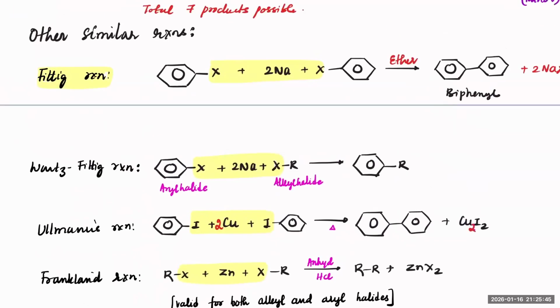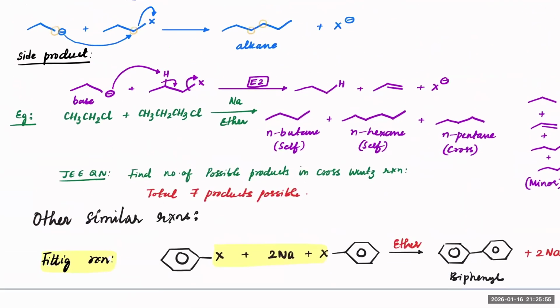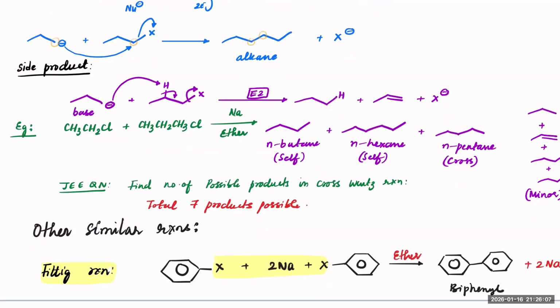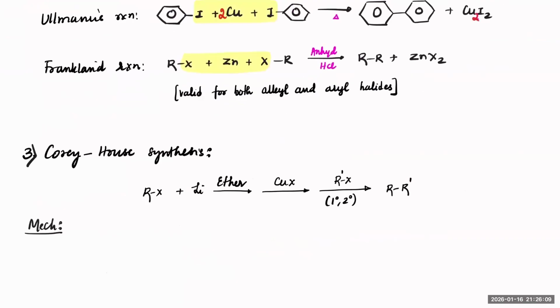Now, have you noticed some concerns regarding these reactions, Wurtz's reaction or Wurtz-Fittig reaction or so? The main concern here is that when you have a cross product, when you have two different alkyl halides, we are not able to generate one product as a major product. You'll get multiple products here, right? And this happens with all these cases.